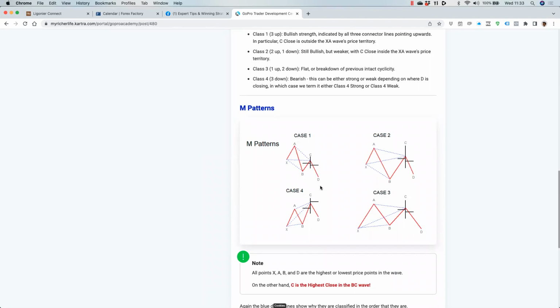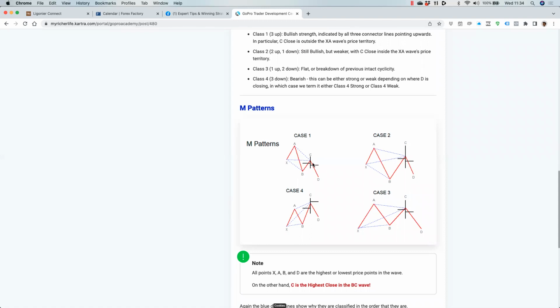So if we were looking at class one, when you see that D fixed in stone by obviously a ringed low, and this bearish wave having come to an end, that D will become C, which means that A will become X, B will become A, C will become B, D becomes C, and then we have a new D.